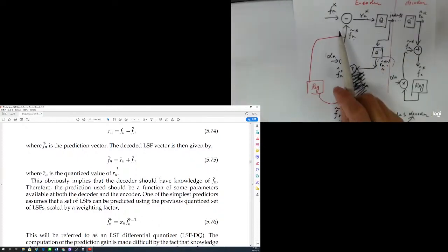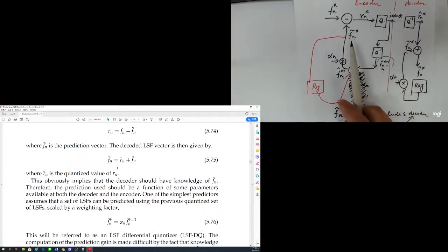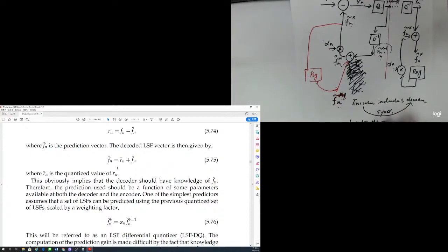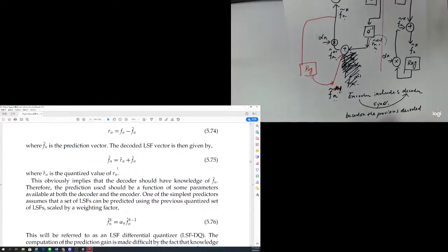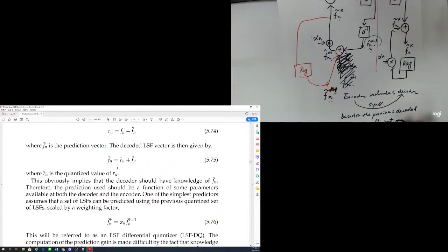So right now the current subtraction is based on the previous decoded line spectrum frequency coefficient, multiplied by r of n.